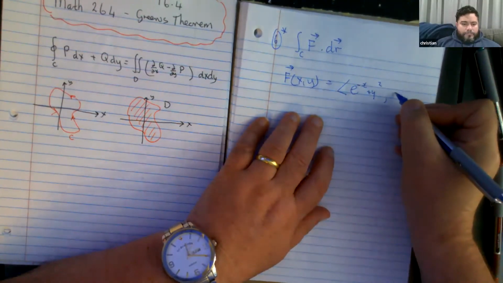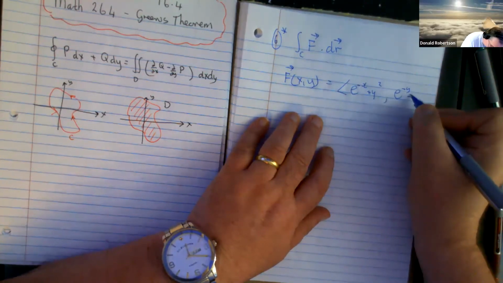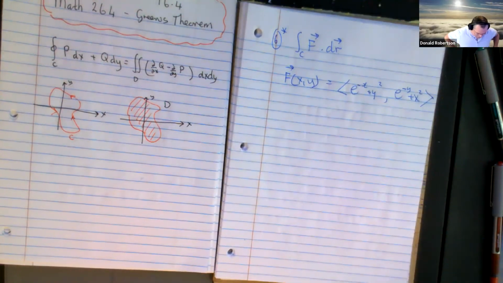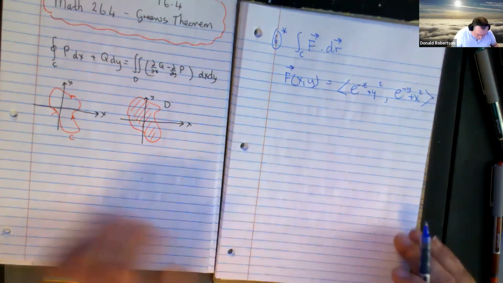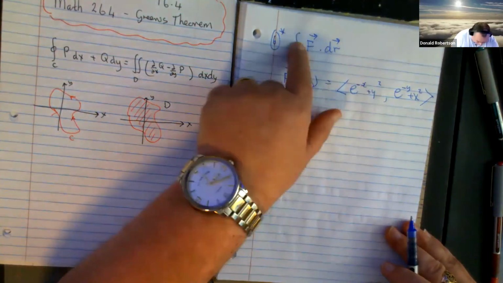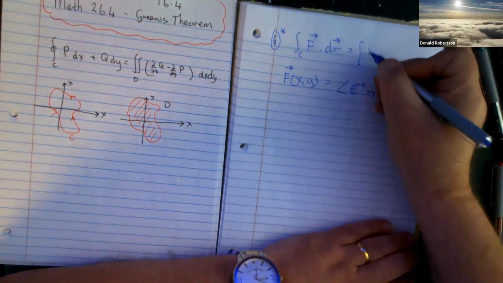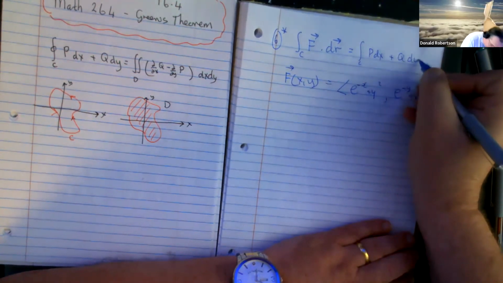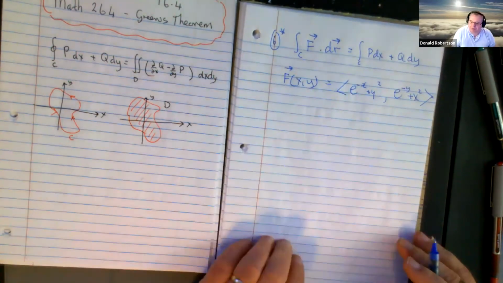And this guy here is e to the negative y plus x squared. So this notation is going to become this notation, because we kind of need it that way to be able to do it, right?